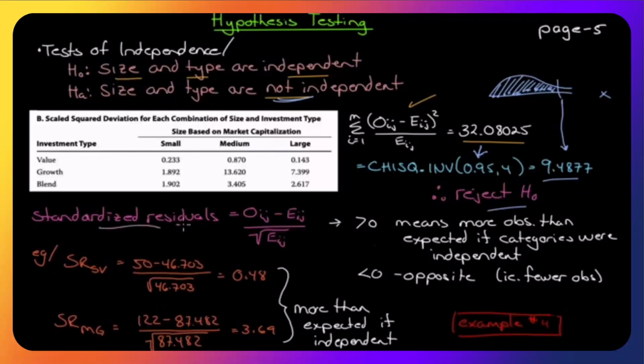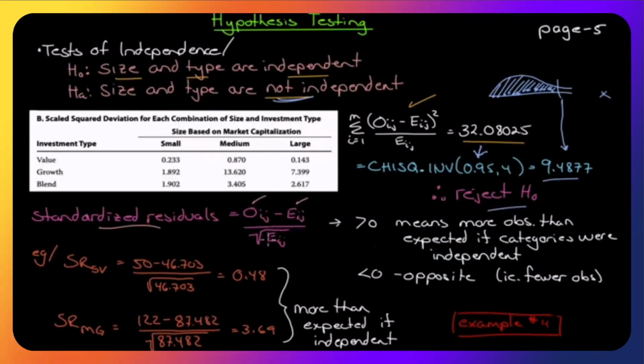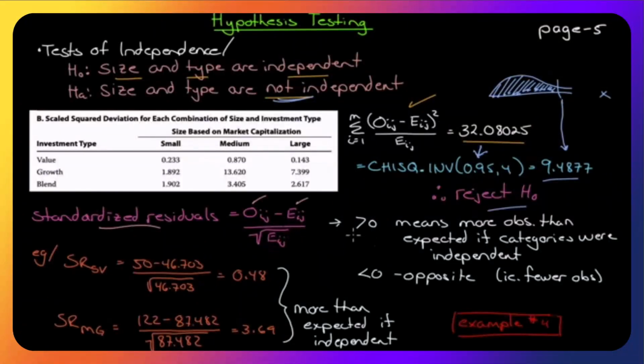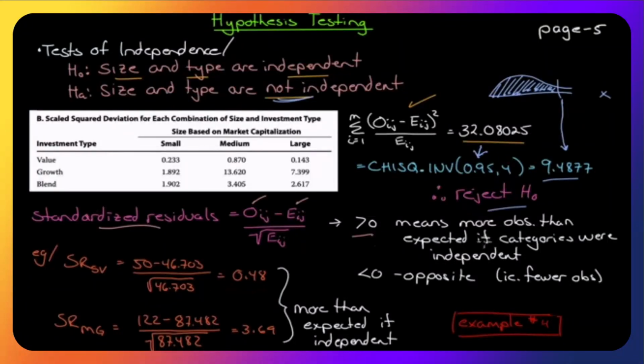So we can calculate standardized residuals, which is just the observed value minus the expected value divided by the square root of the expected value. And if this term is greater than 0, it means that we're witnessing more observations than would be expected if they were independent. And if it's less than 0, it means we're witnessing fewer observations than we would if they were independent.